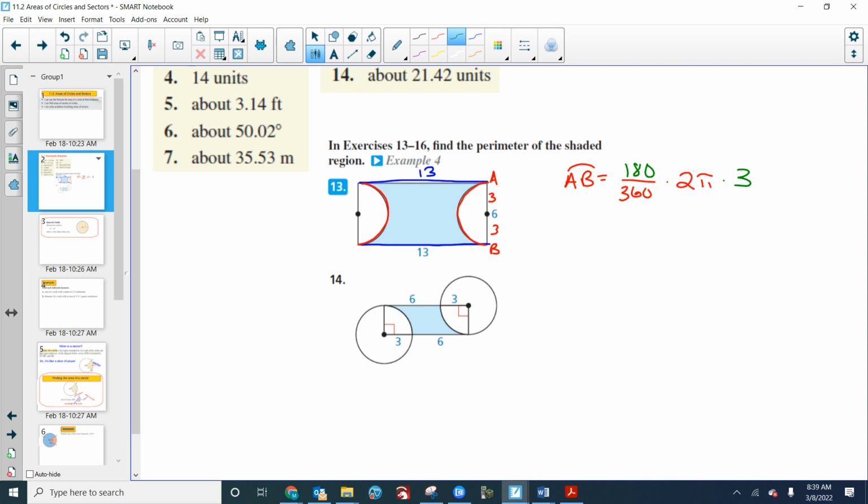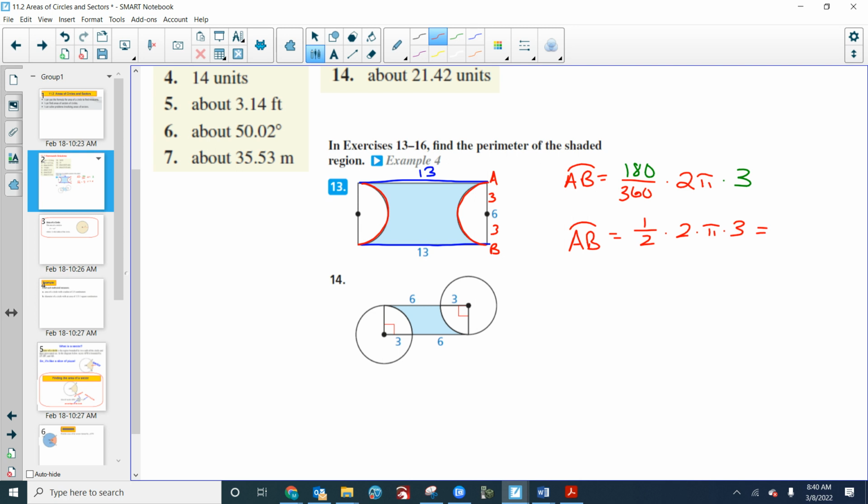Are you all with me? Well, it's calculator work from here. 180 over 360 is a half, times 2 times pi times 3. If I write it in terms of pi, I put everything in my calculator except for the pi. Well, 1/2 times 2 is 1, times 3 is 3.